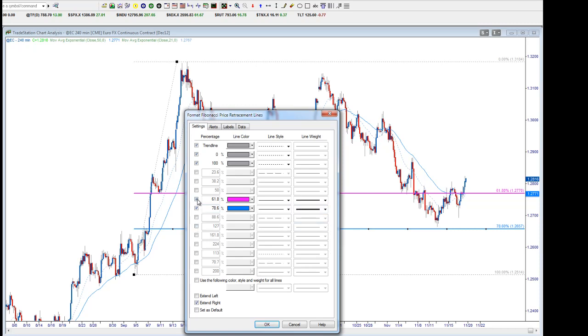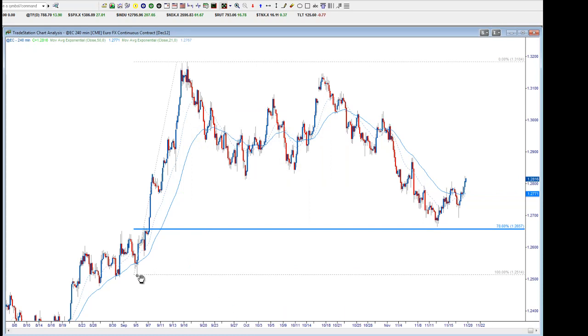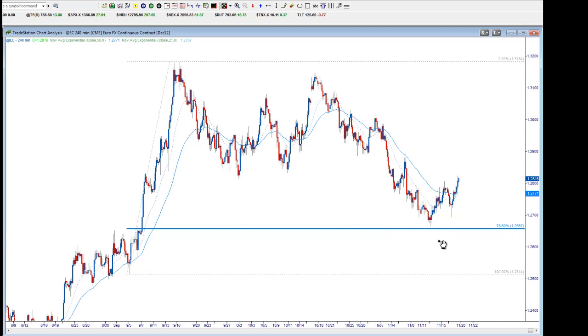And let's go ahead and take these others off to keep our chart clean. So you can see from this major swing low here at the 2514s up to the 3184s, the 78.6 is holding prices up. Now what we'd like to do is start to evaluate this move relative to how high it might go before we can see a reaction down and possibly trade it.